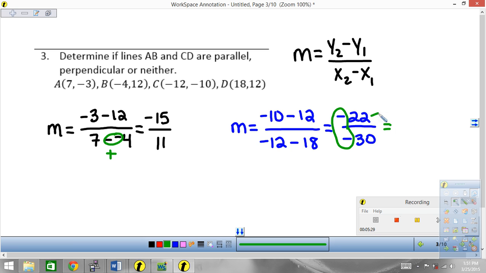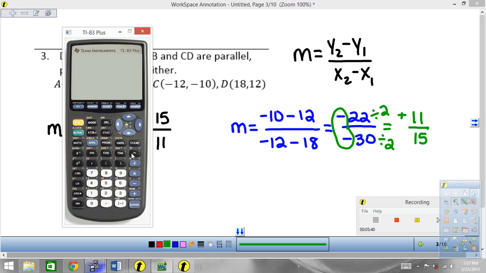And then we can reduce this fraction by dividing the numerator and the denominator by 2. And we get a positive 11 over 15. Remember, you can also use your calculator to help you reduce fractions if you need that. In your calculator, you can type negative 22, and I'm going to put my negatives in parentheses, so negative 22 divided by negative 30.